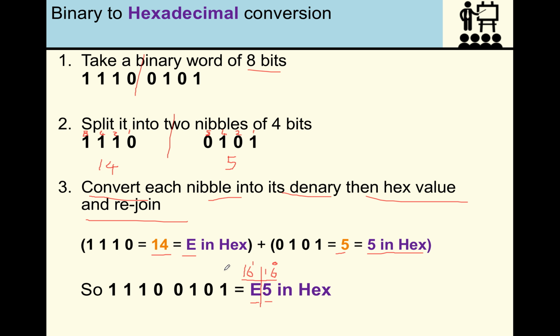Or you can do it this way around, and now that we've rejoined these numbers, we've got 1, 2, 4, 8, 16, 32, 64, and then finally 128. And if we add all the on bits up, we end up with, what do we end up with? I'll let you work that one out.